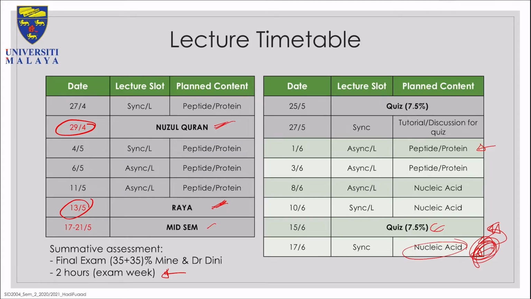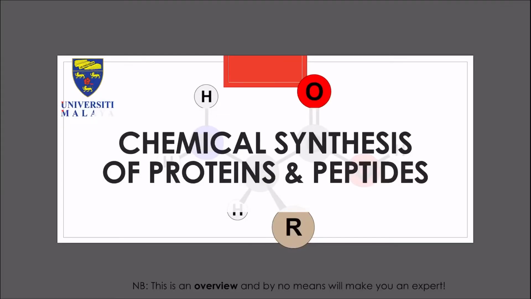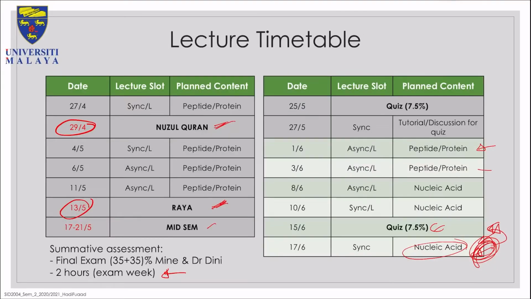I'll skip through all the non-essential things and move forward, because as you see here, I only have 2 more slots to talk about peptides and proteins, and next week we will delve into nucleic acids. My original plan was for you to view nucleic acids first and then relate back to peptides and proteins.